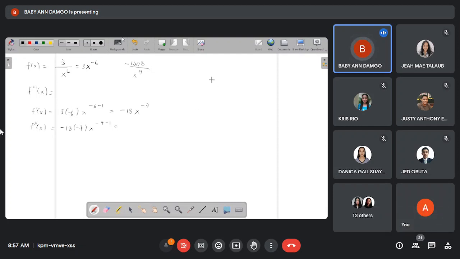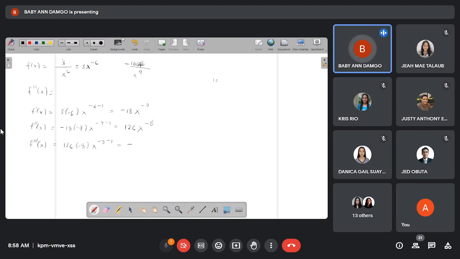How much is it, class? 126. Okay, 126 x to the power of negative 8. For the third derivative, this is 126 times negative 8 times x to the power of negative 8 minus 1. How much is that, class?